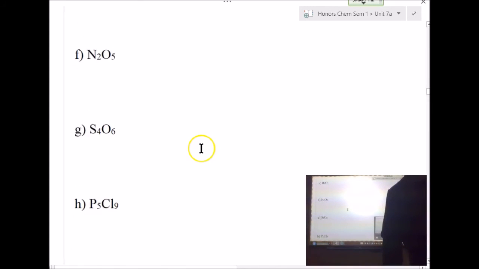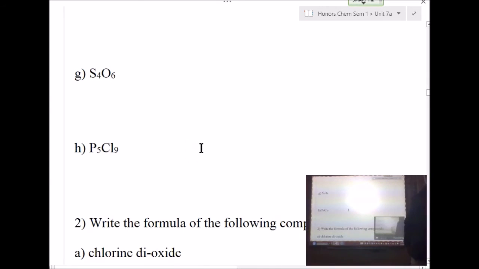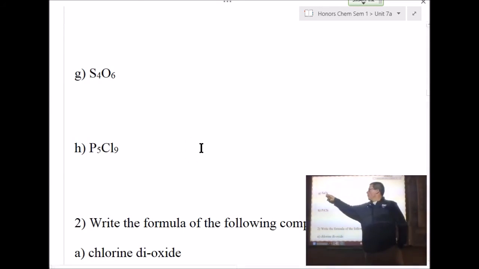All right, so G is tetrasulfur hexoxide. Very good.